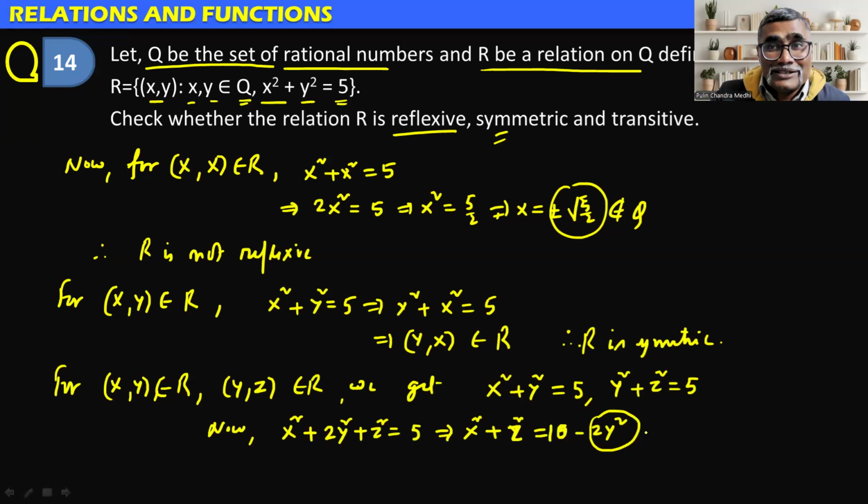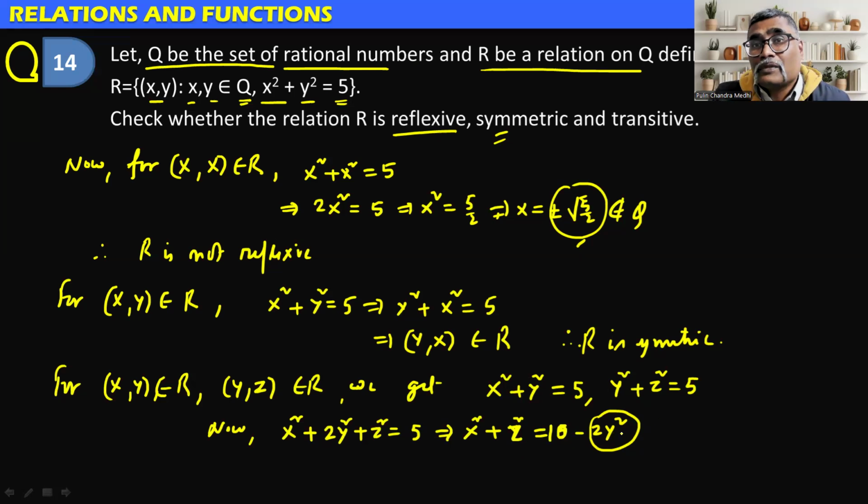That is, twice y square must be 5. Now just justify. Twice y square, can it be 5 for any rational value of y? Not possible. Why not possible? Because if you try to find what is y by putting this equal to 5, you will be getting this value, right? Already you have done. That is the basis. So I can write like this.